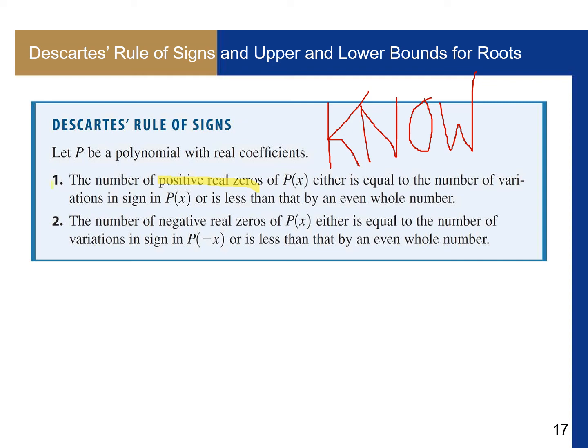What does that mean? Well, in the last problem, I had 3 variations of signs. So that means I either have 3 or less than by an even whole number. So I either have 3 or, if I go down by an even number, 3 or 1.